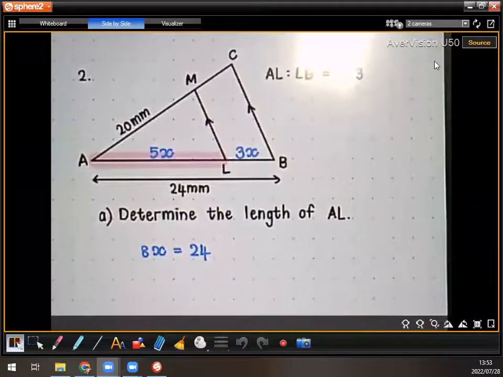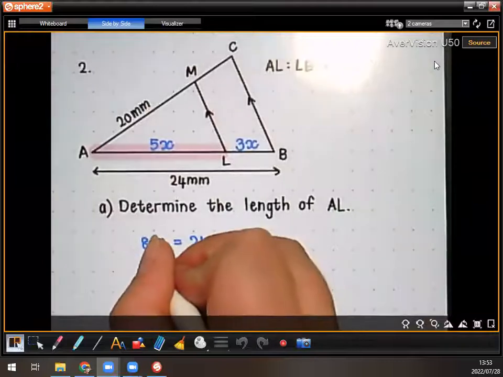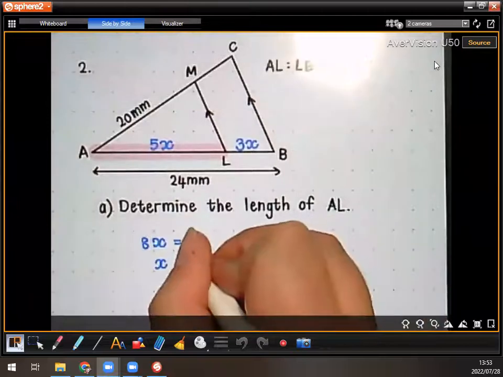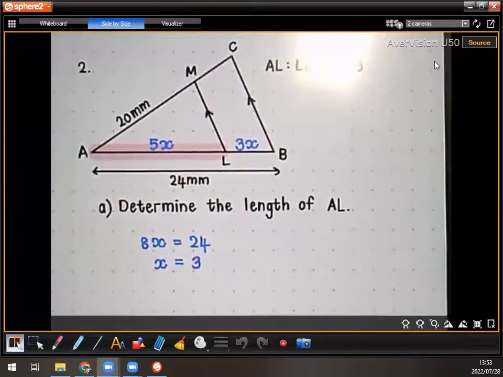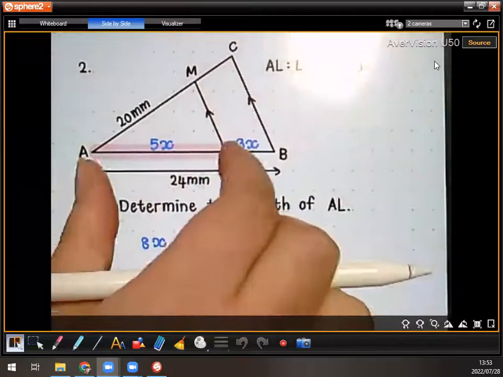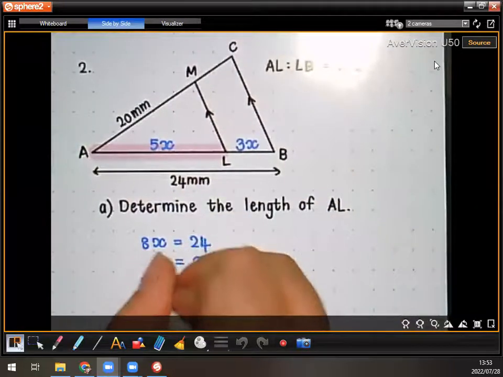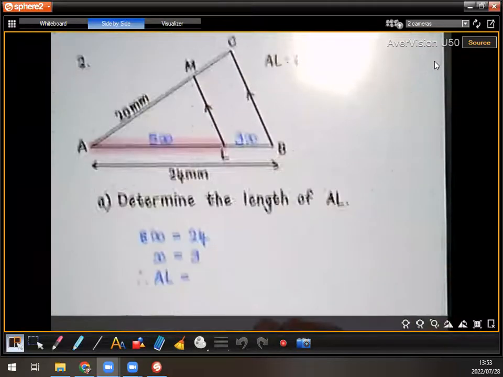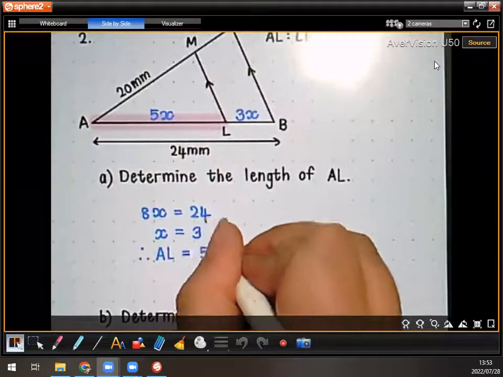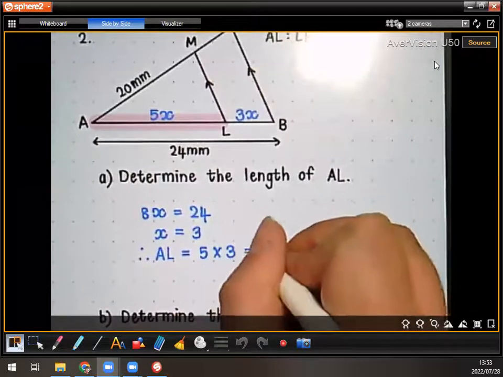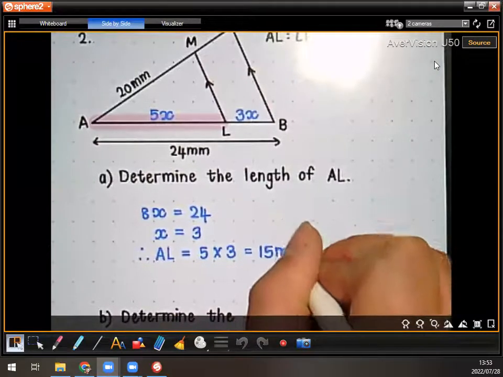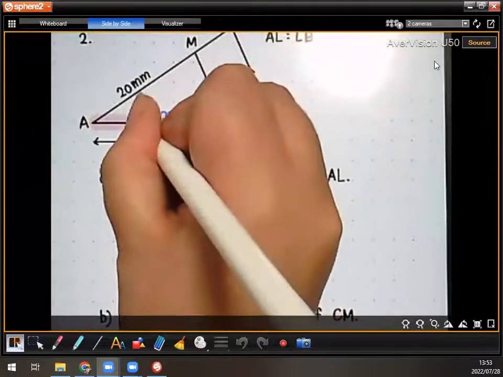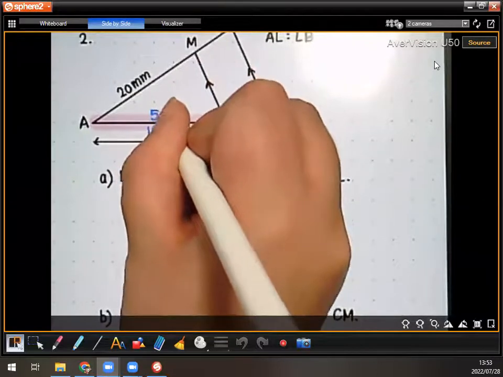This is perfectly fine. 24 divided by 8 is 3. Times 5. So AL is 5x, 5 times 3, which is 15 millimeters. And you can then fill that in on your picture.